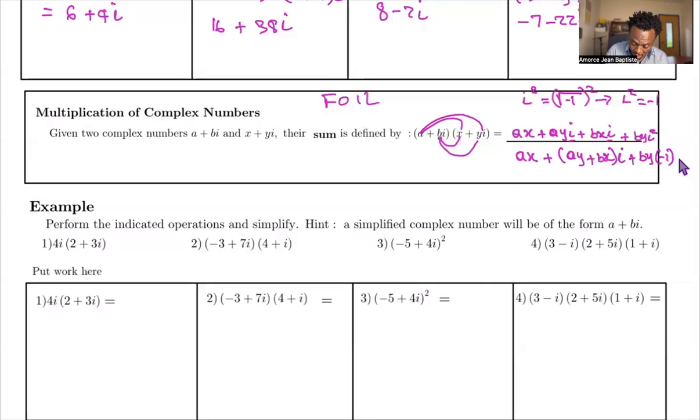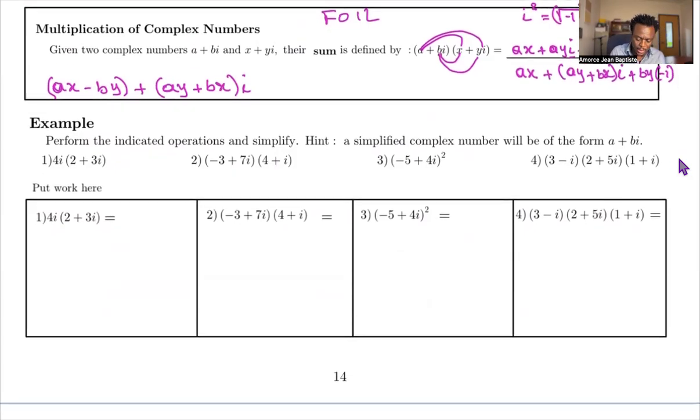So finally, you're going to have ax minus by, that's the real part of the multiplication, plus ay plus bx i. Well, that's just trying to show you the process. And we're going to do some examples.